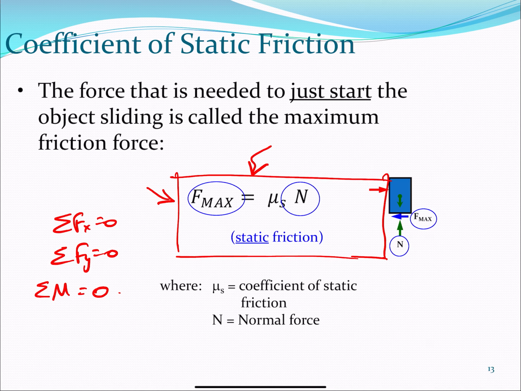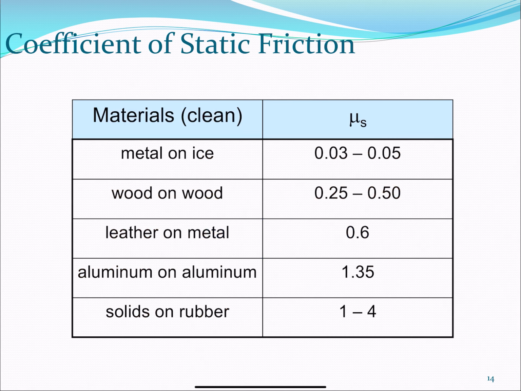The coefficient of static friction can be found in tables published in books or manuals. The higher the static friction coefficient, the more friction you'll have. So solids on rubber have the highest friction, and metal on ice the lowest. When you're skating on ice, you just glide because the friction is so small.